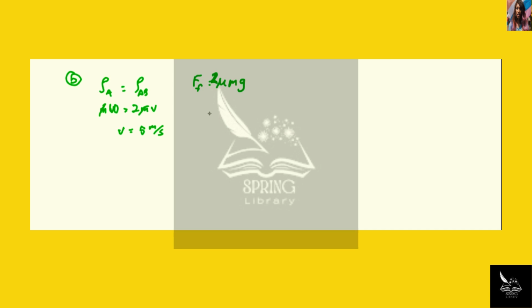And so we have our kinetic energy, which is 1/2 times the mass times the velocity squared. Set that equal to the force times distance. So that's 2 mu mg times d.